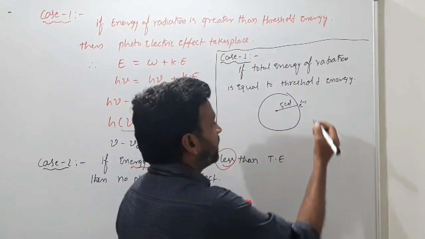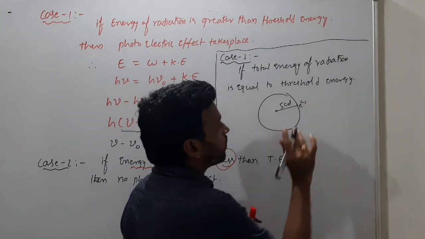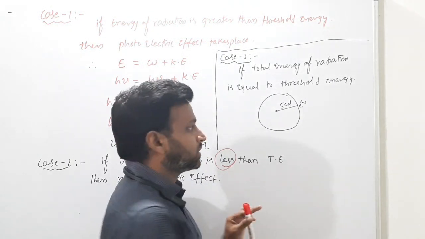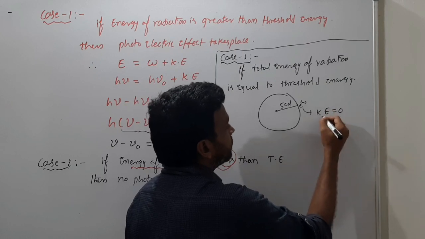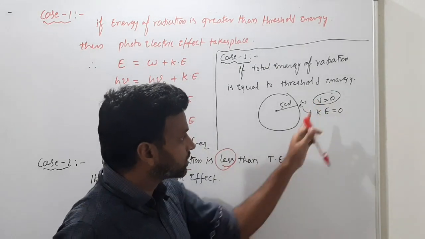Both became the same, then the electron will eject. So the electron will be just outside the outermost shell. It won't move anywhere. So this electron has kinetic energy 0 because velocity becomes 0. Not frequency, sir, this is velocity.